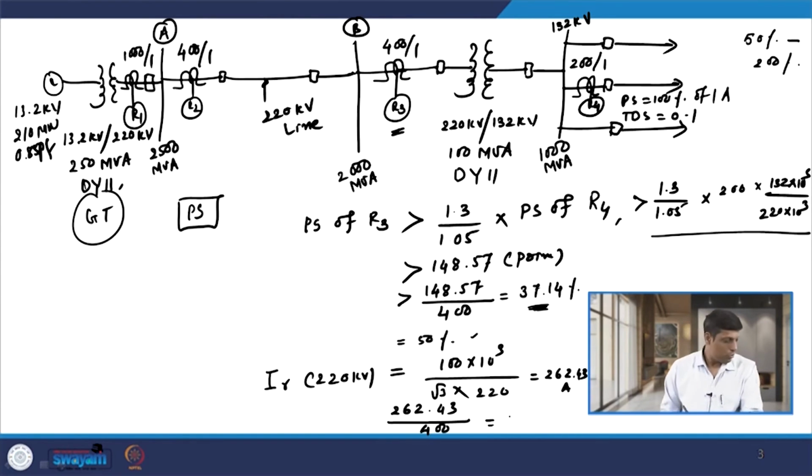So, this comes out to be roughly 65.61 percent. The plug setting of relay R3 should be greater than this. The next range available greater than this is 75%.